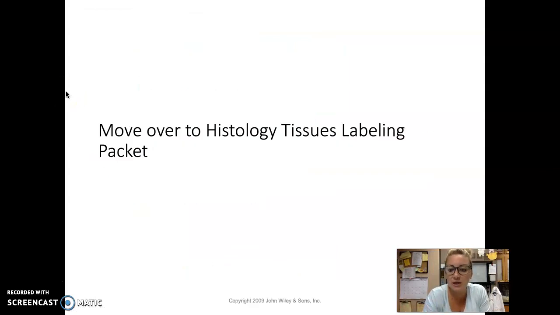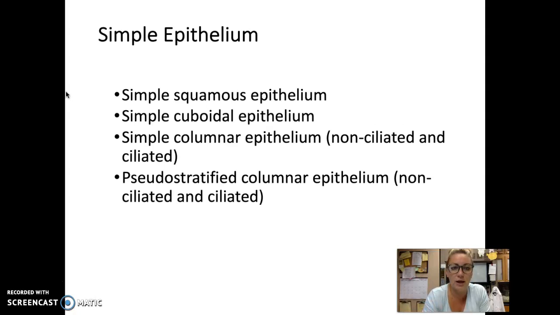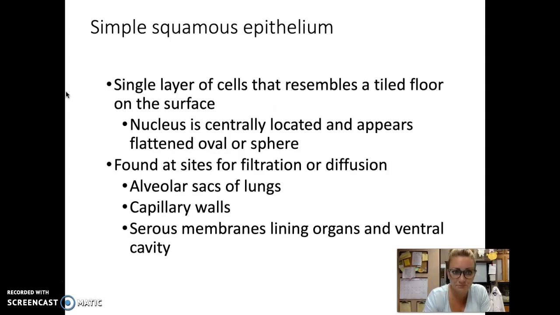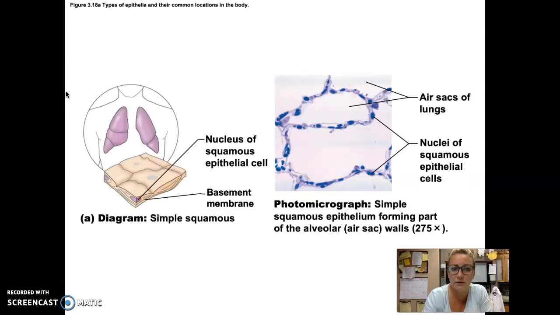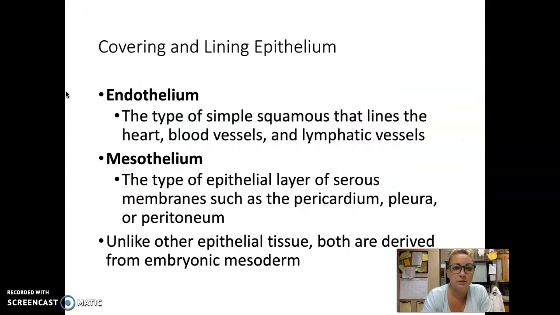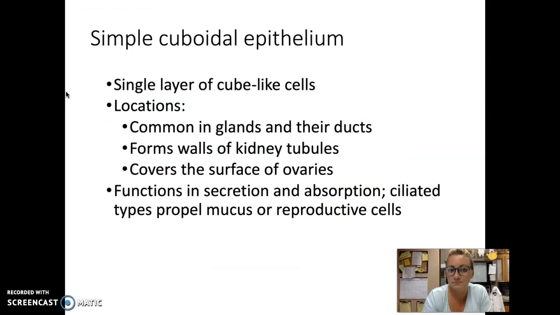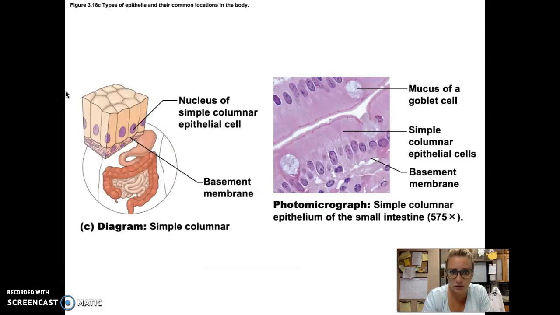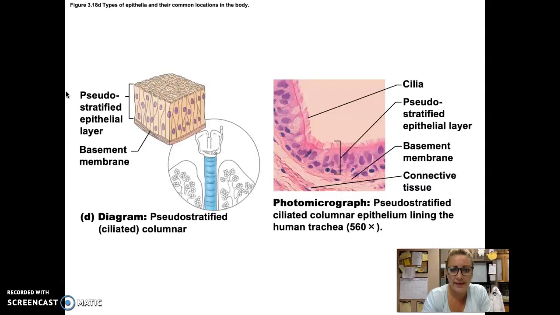So there's going to be a histology packet that we're going to label the different types of tissues. Okay, so we're going to look at simple epithelium, simple squamous epithelium, looking at our different endothelium versus mesothelium, and we're going to label all of these within that packet.